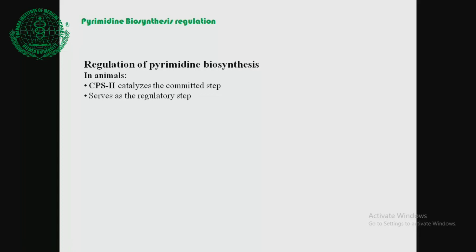The carbamoyl phosphate synthetase 2 mediated step is considered the committed step of pyrimidine biosynthesis. This is also considered the regulatory step of pyrimidine biosynthesis. The enzyme is regulated through feedback activation and feedback inhibition mechanisms.